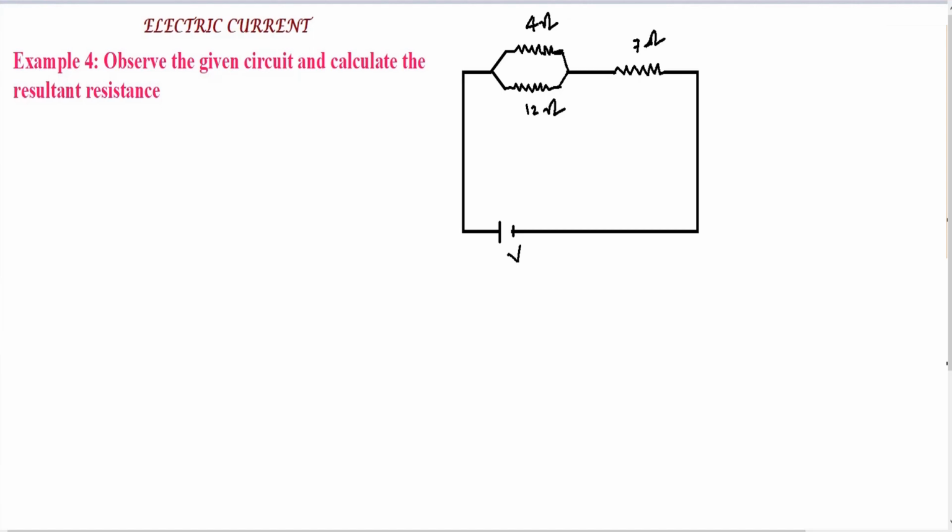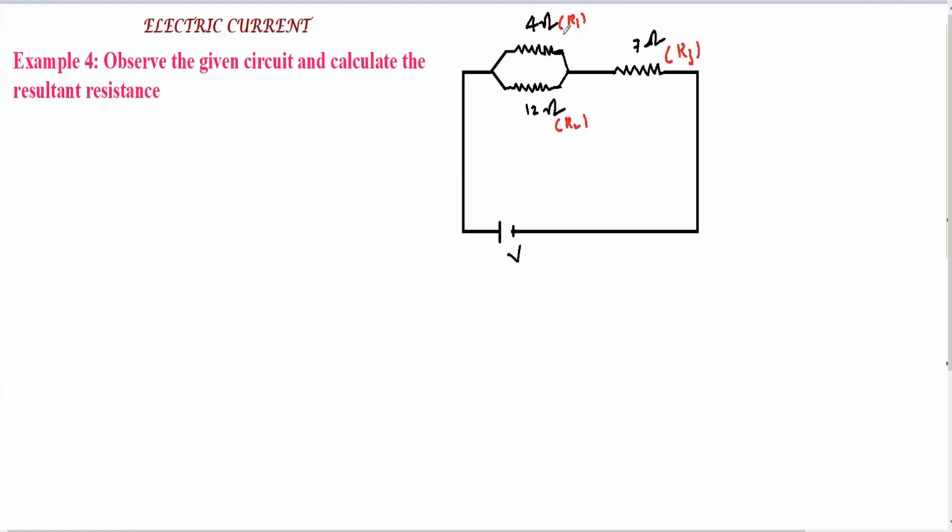How are we taking this? This one is R1 and this one is R2 and this one we are taking as R3. So these two resistors R1 and R2 are connected in parallel, and first we have to find the resultant resistance of these two resistors.